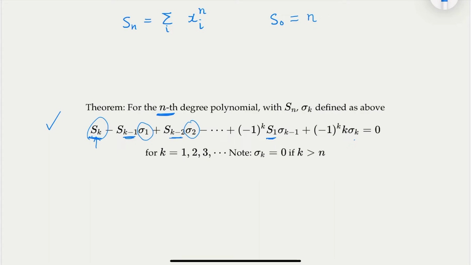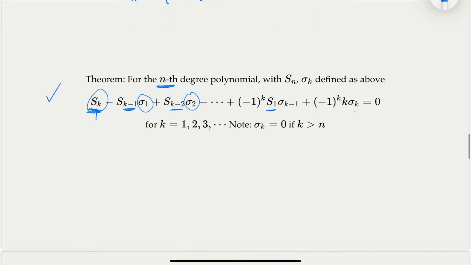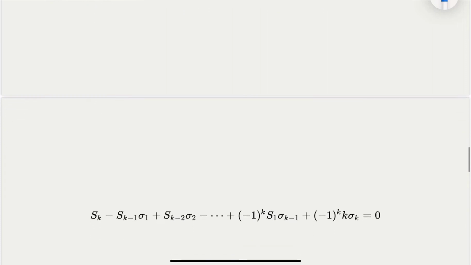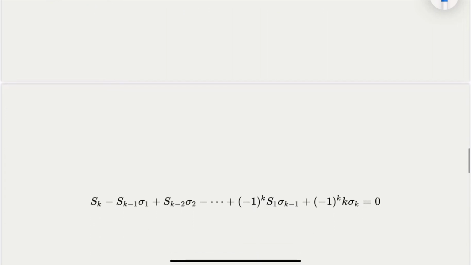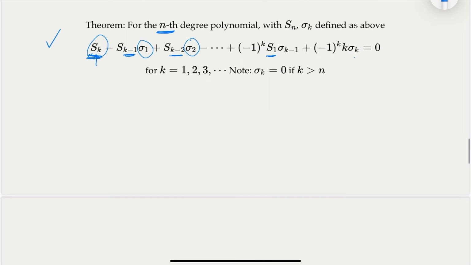If k is bigger, for example, for degree 3, so n equals 3, if k equals 4, let's write it out. So plug in S4.